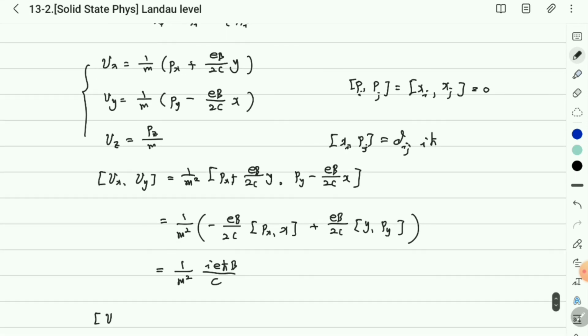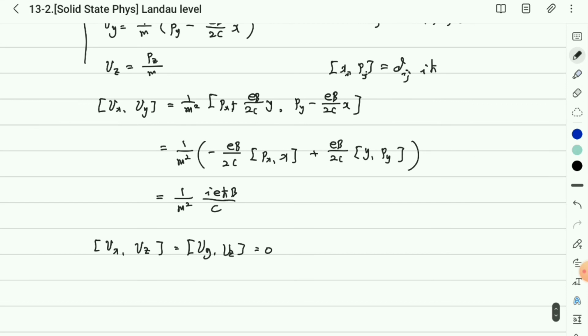And the commutators of Vx and Vz, and of Vy and Vz, equal 0, because px and pz, and py and pz, are commutable, therefore it is equal to 0.